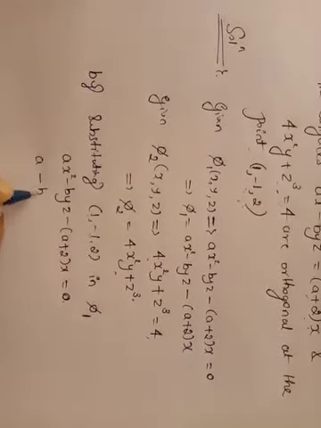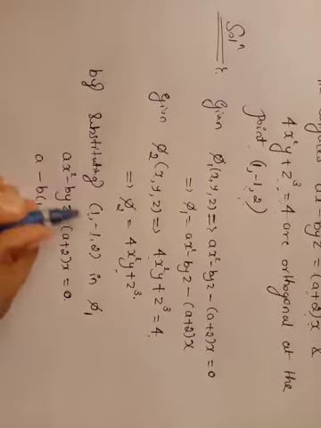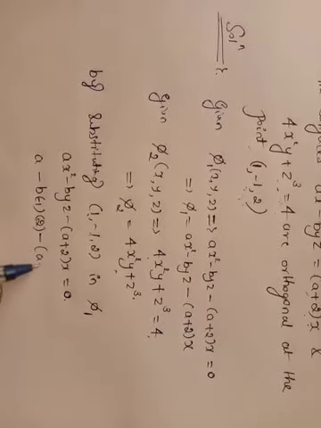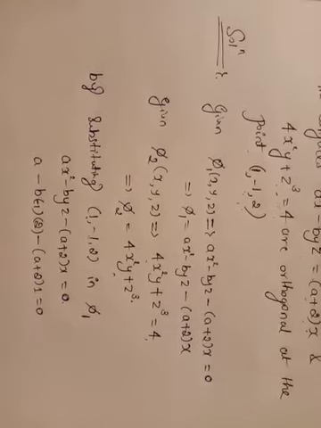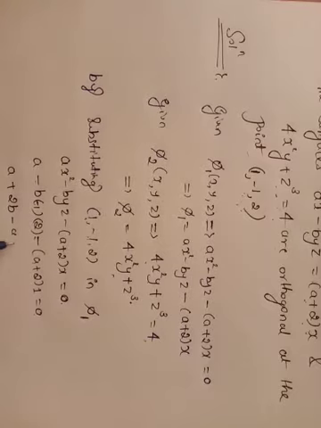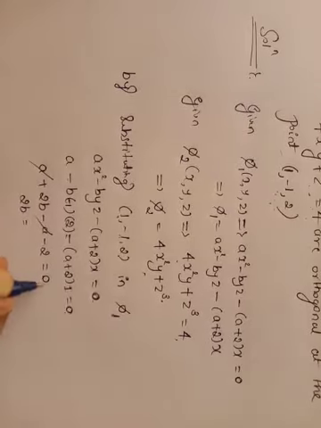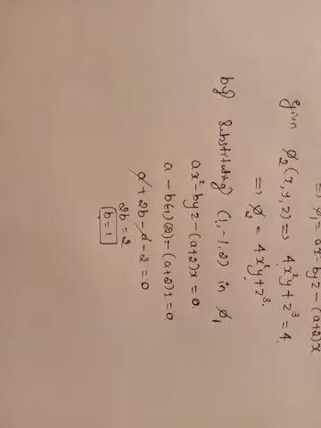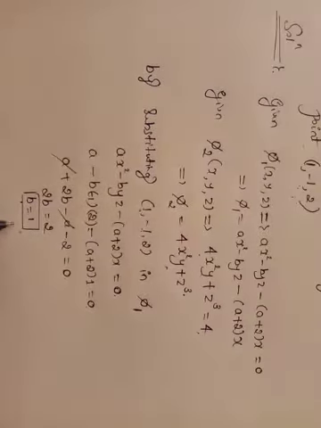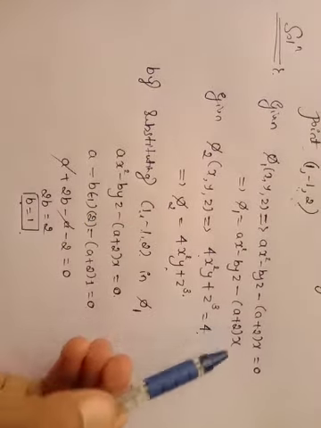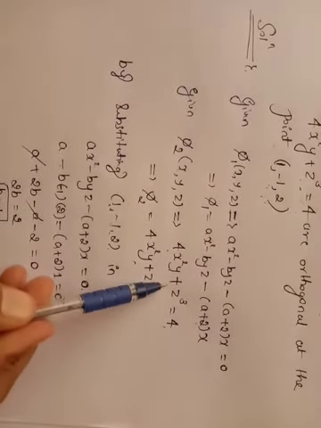So a minus b into y value minus 1, z value 2, minus (a plus 2) of 1, equals 0. Minus into minus gives plus 2b, minus a minus 2, equals 0. Plus a and minus a get cancelled. 2b equals 2, so b is equal to 2 by 2, which means 1. So we got the b value by substituting (1, minus 1, 2) in surface equation 1.